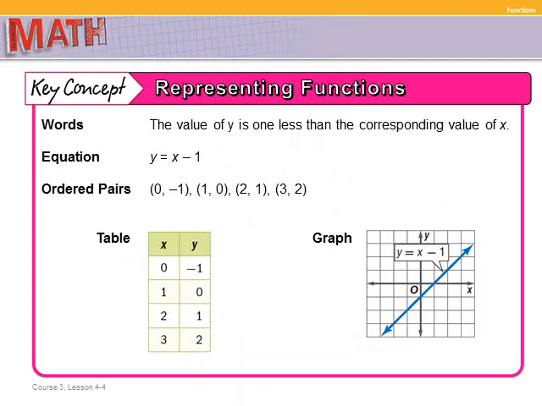Okay, here we go. Sometimes it's not going to give me the equation. It's just going to give me the words or the sentence, and I'm going to understand and get the equation from it. So here it's telling me that the value of y is 1 less than the corresponding value of x. So I know that y equals 1 less than x, which is x minus 1.